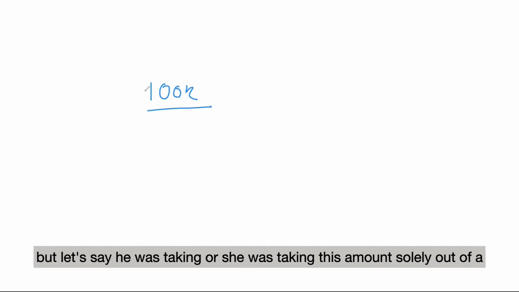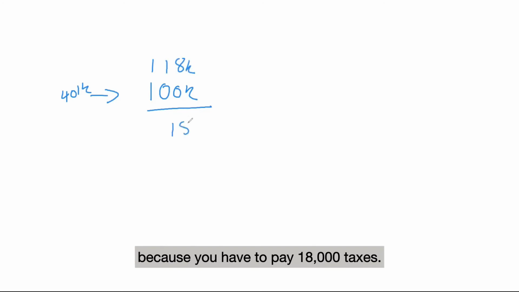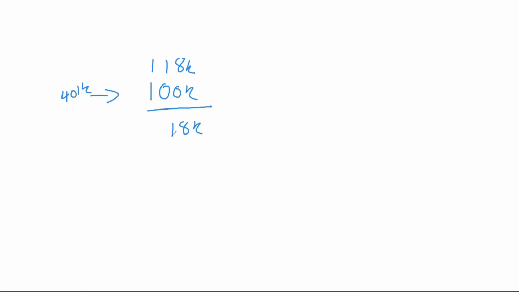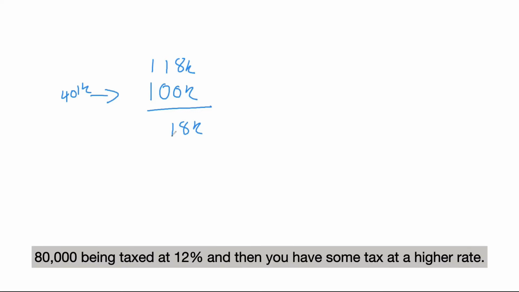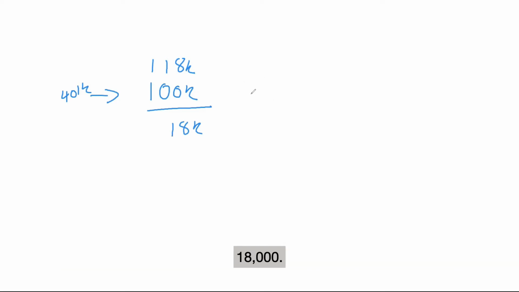But let's say he was taking or she was taking this amount solely out of a 401k, which is pre-tax, you're going to have to withdraw something closer to $118,000 per year, because you have to pay $18,000 in taxes. Now, that 18 is coming from the first $80,000 being taxed at 12%, and then you have some tax at a higher rate. That blended rate minus the deduction gives you approximately $18,000.